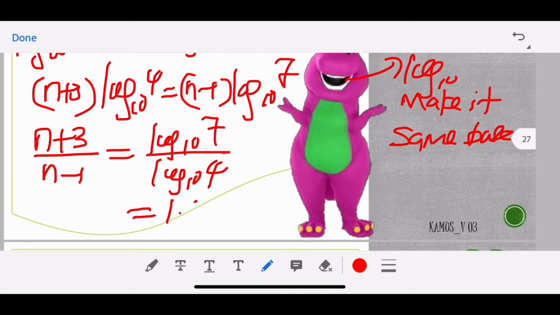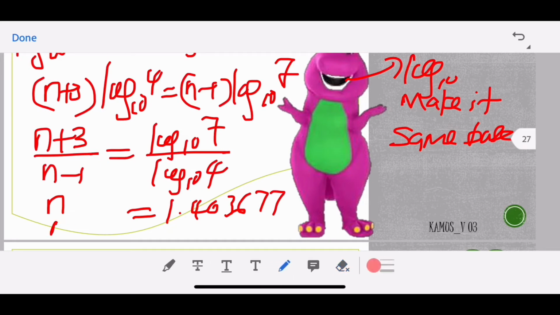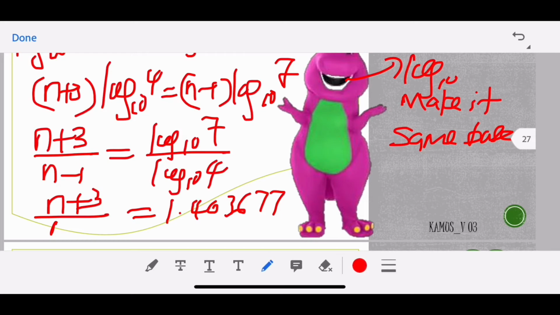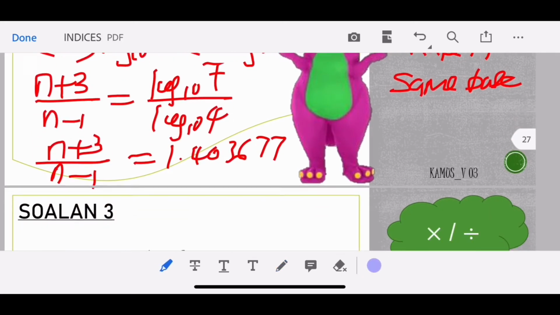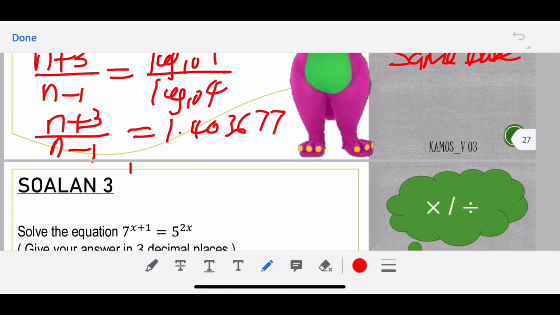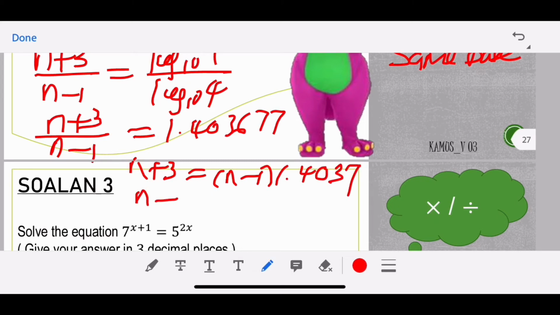All right. Okay, so I'm having 1.403677 for n plus 3 over n minus 1. So I need to cross multiply carefully in order to find n. Now we move the n minus 1 to the right-hand side, it becomes like this: n minus 1 times 1.4037. So n plus 3 equals 1.4037n minus 1.4037.